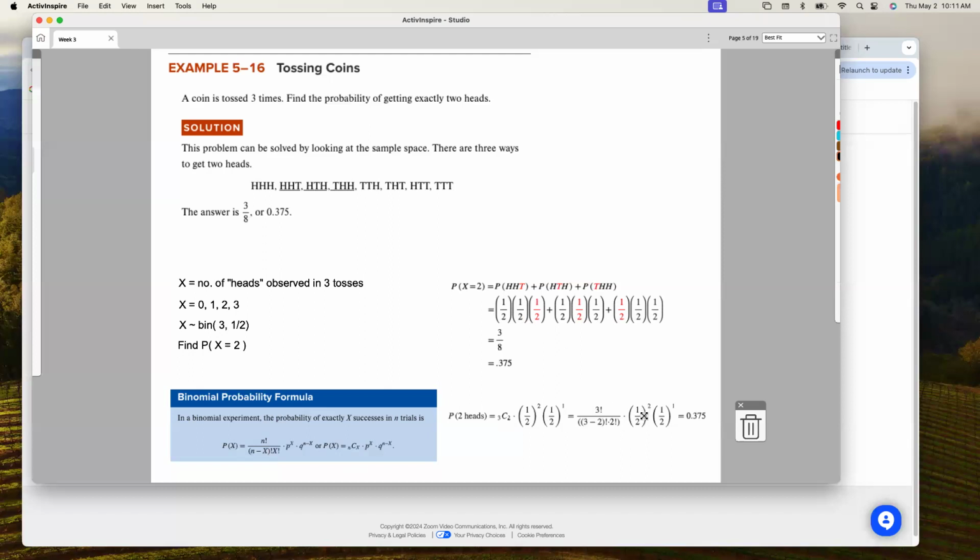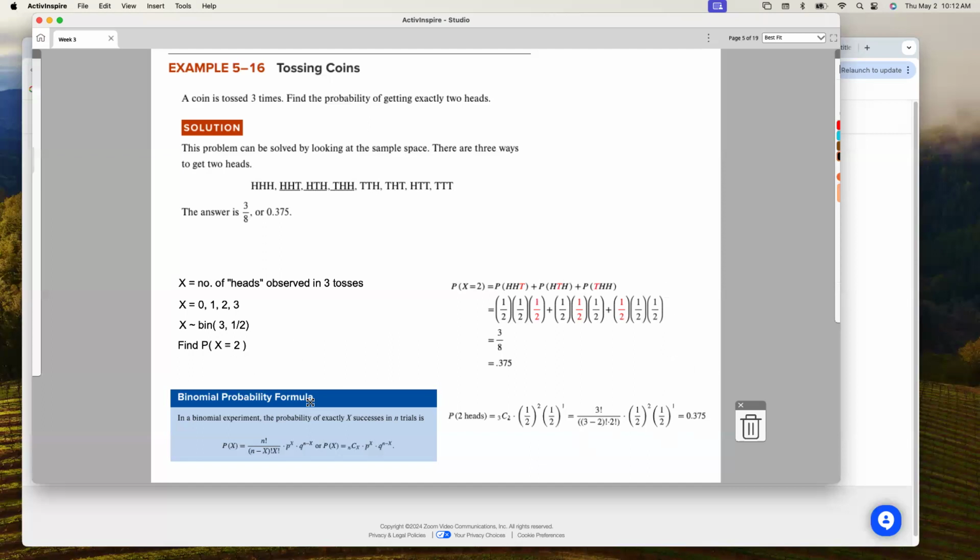And so if we take the probability of success right here, and we put the exponent being the number of successes, and again, I know I'm going really quick here, and then 3 minus 2, which I just expressed as 1 here, and this counts up the number of ways of doing that. Notice we get our 0.375.